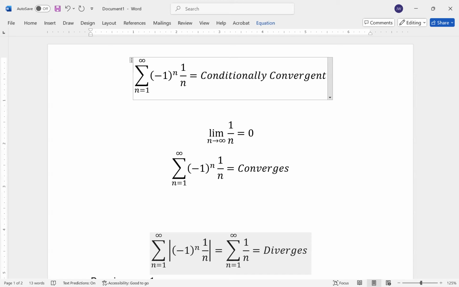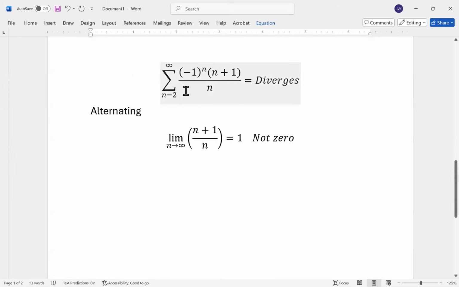So it either is conditionally convergent or the series converges conditionally. That was my first series. Obviously, the one I just did in example 2 diverges, and then I'd stop there.